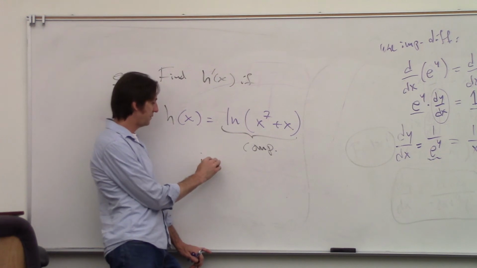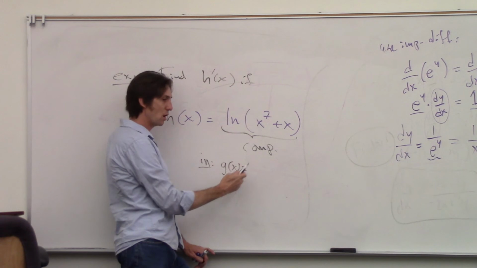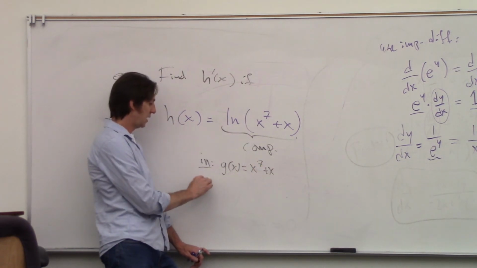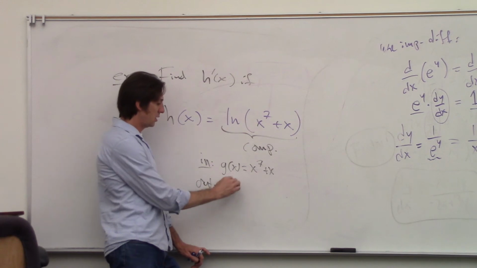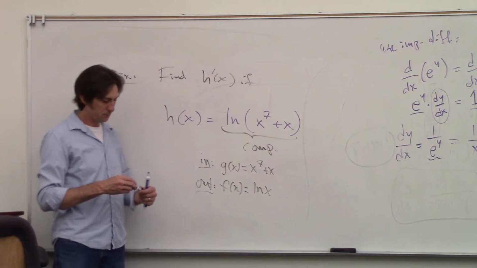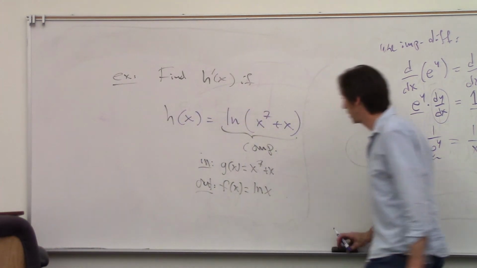The inside function is what's inside the logarithm. For the chain rule, we've been calling that g of x, so x to the 7 plus x. And the outside function, f of x, is ln of x, the natural log. I have to do the chain rule to differentiate a composition.